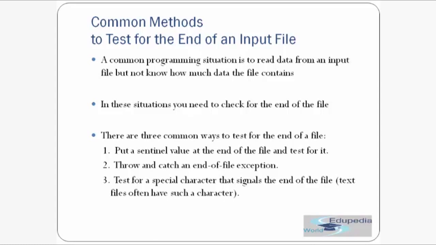Another is to throw and catch an end of file exception, so you can put in a try catch to handle it. The third is to test for a special character that signals the end of file. Let's say the end character is a special character, or it's EOF. Then we can test using a while loop: while this is not read, keep on reading the file. In this way we can test for end of file.